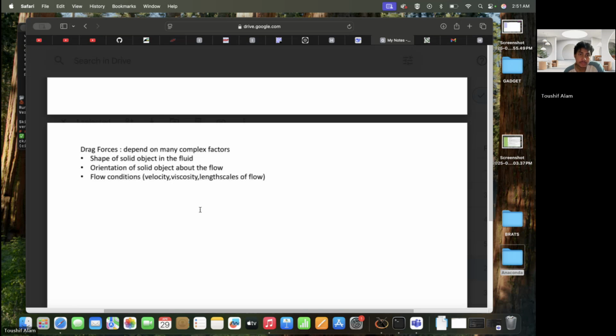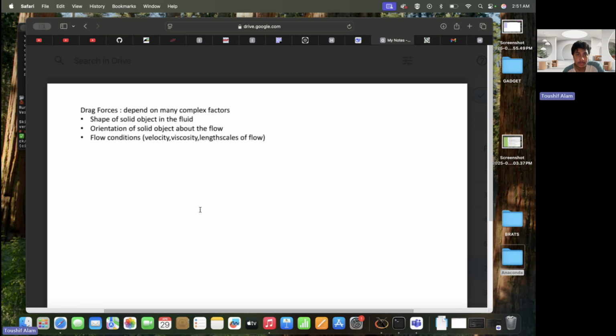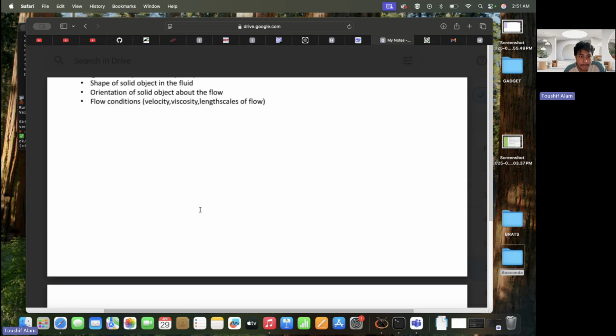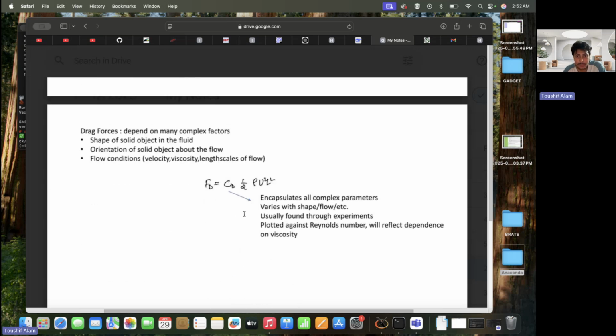So FD is steady, half of rho v square L square times CD. It encapsulates all the complex parameters and varies with shape, flow, etc. It is usually found through experiments, plotted against Reynolds number, which will reflect dependence on viscosity.